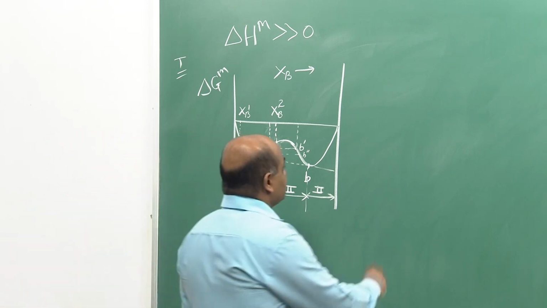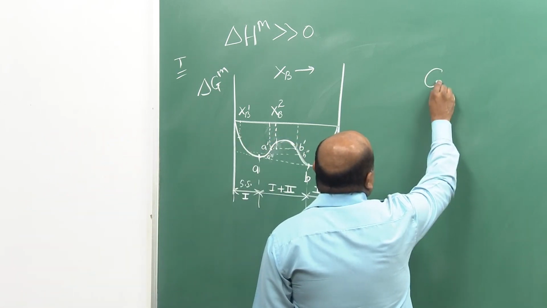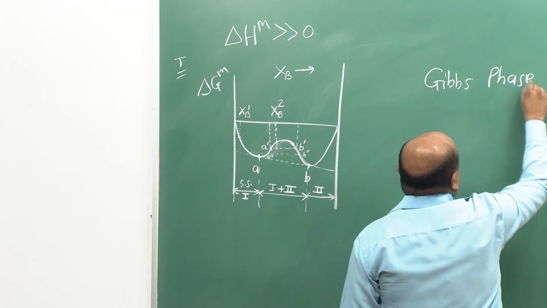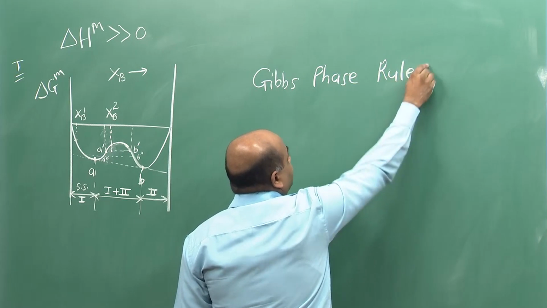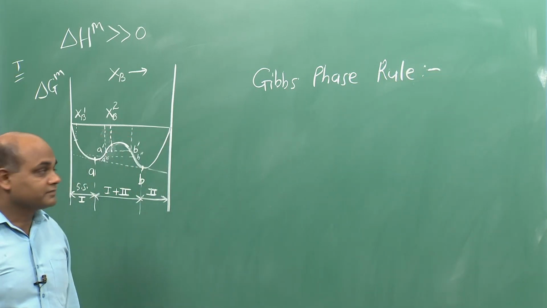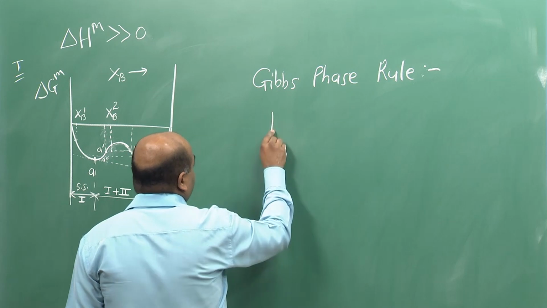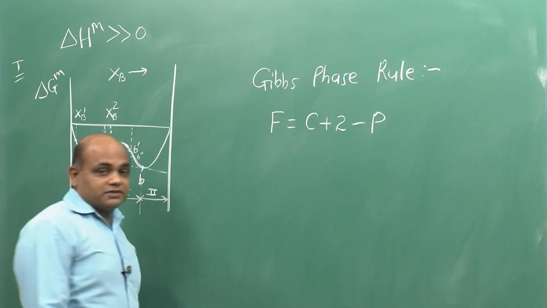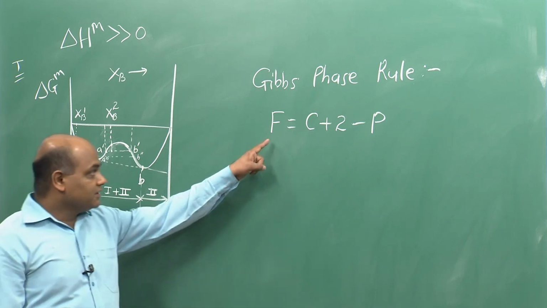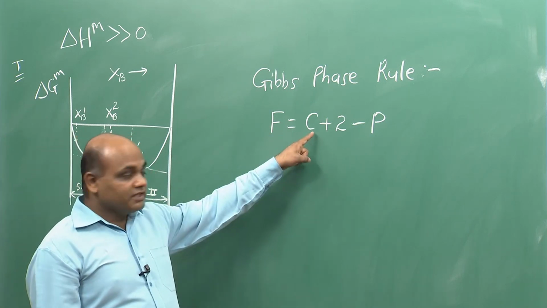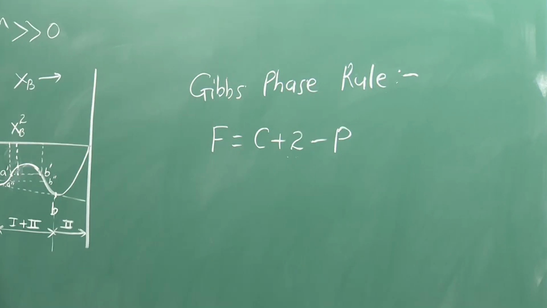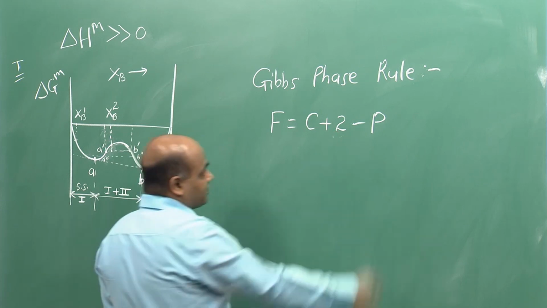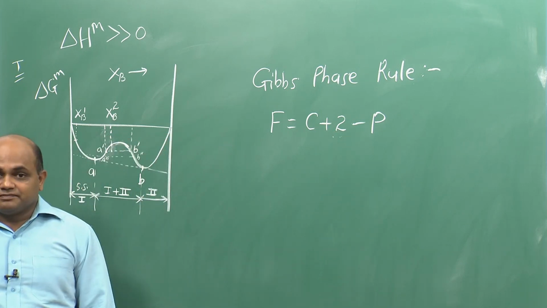So, what does the Gibbs phase rule say? F is equal to C plus 2 minus P, where F is the number of degrees of freedom, C is the number of components, and P accounts for the number of phases, and 2 accounts for 2 variables, temperature and pressure, right.